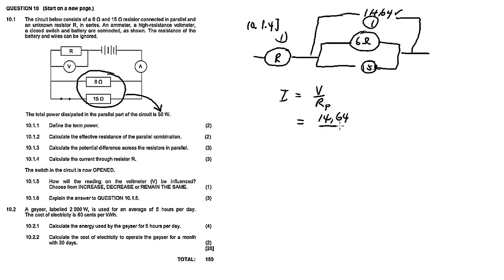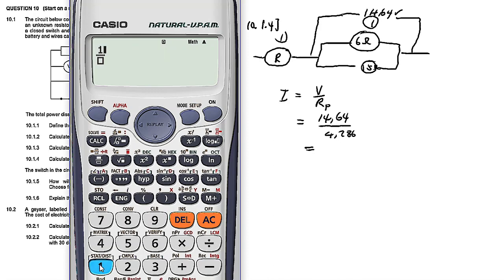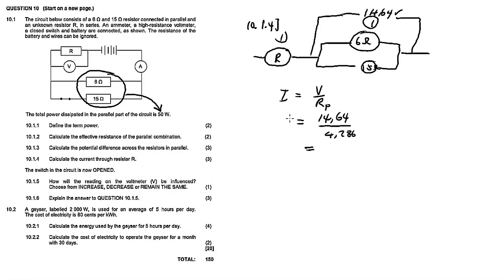So now it's 14,64 divided by R total resistance, which is 4,286. Let's calculate: 14,64 divided by 4,286 is equal to 3,42 amperes.